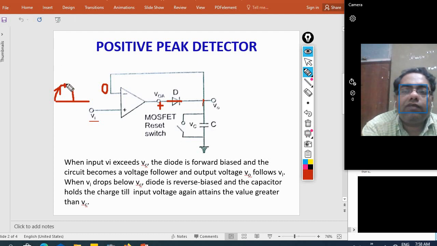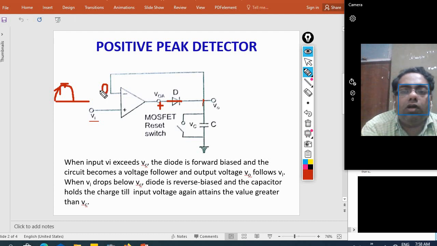Now, when Vi becomes peak maximum, the output voltage is also maximum, and the capacitor holds the maximum charge. It has the maximum voltage, and it is holding that voltage in the form of charge.